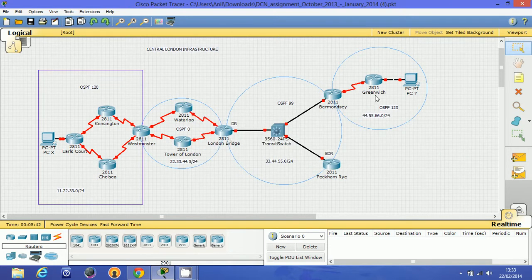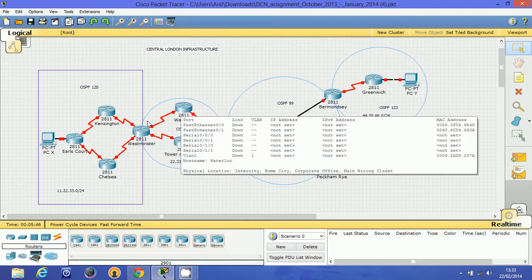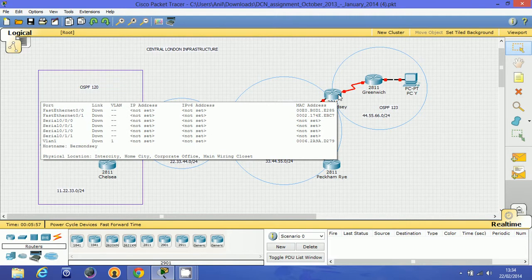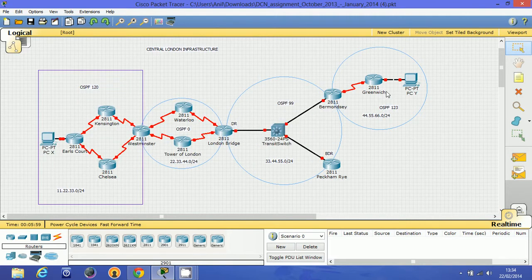Similarly, all these routers will collect the information of their neighbor devices and broadcast the state of those devices to all the routers in this autonomous system. What happens then?